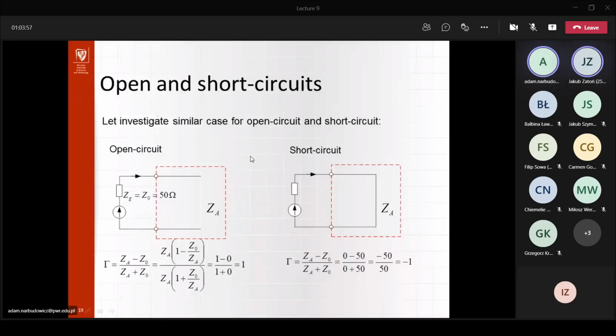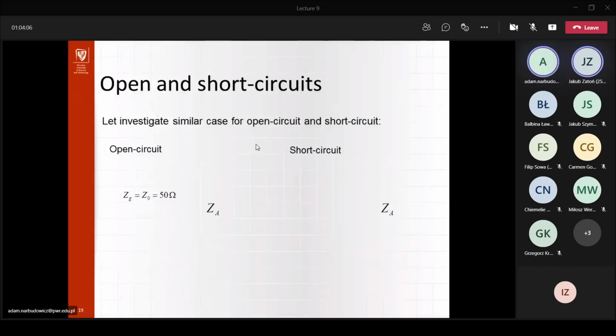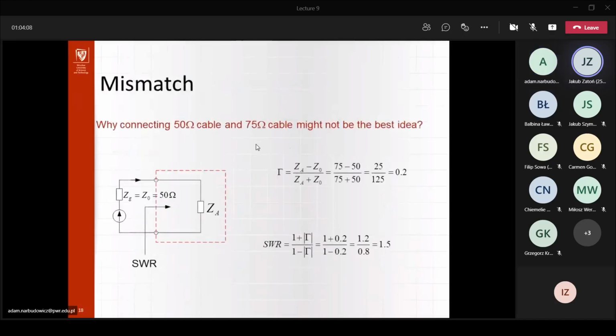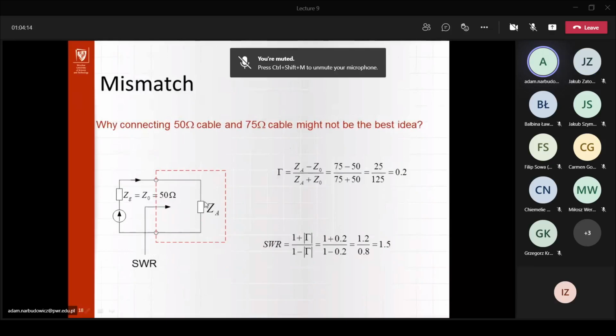Okay, because in the previous example for the 50 ohms and 75 ohms, we considered this reflection as 20%, because the signal couldn't go to the antenna. Yes, this is exactly the same thing.